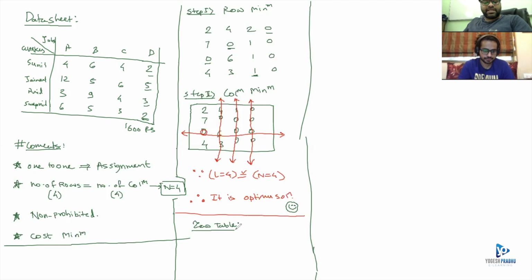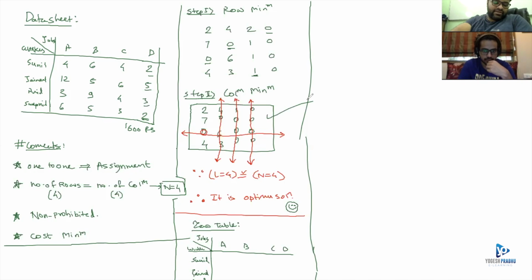Zero table: workers Sunil, Jainil, Anil, and Swapnil, and jobs A, B, C, D. So it will be 0, 0, 0, 0.